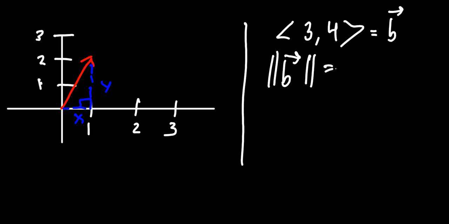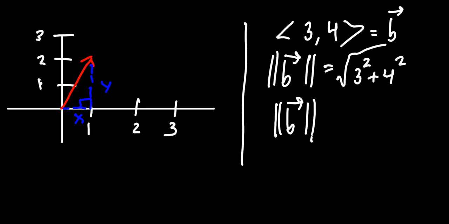In this case, we're going to take, obviously, our square root, because remember our vector magnitude formula. That's going to be x squared, where our x component is 3, so 3 squared, plus our y component, which is 4 squared. I'm going to put it all into a square root. So the magnitude of b is going to equal the square root of 9 plus 16.